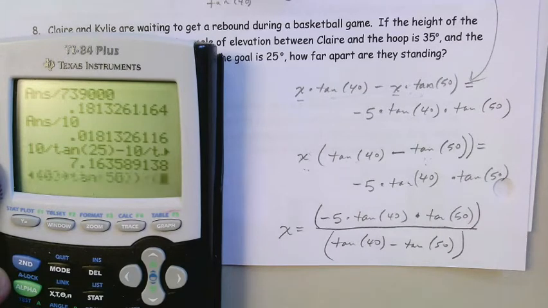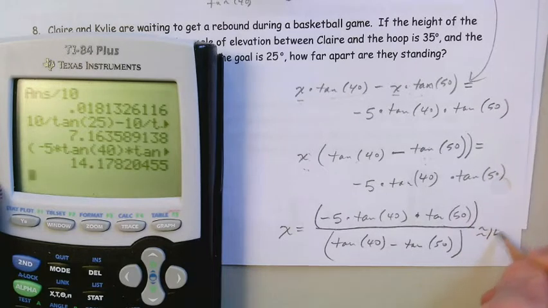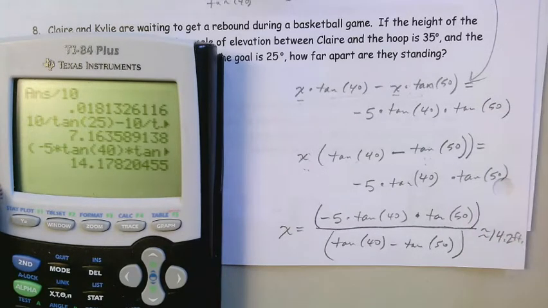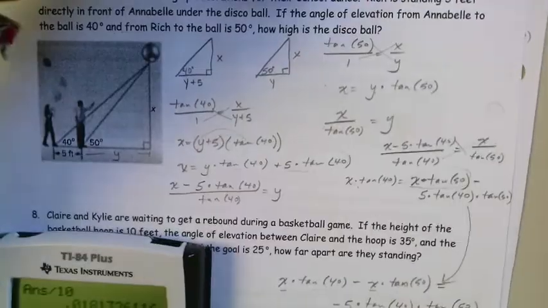Divided by the tangent of 40 minus the tangent of 50. And I get 14.2 feet. So the height of that crystal or disco ball is 14.2 feet.